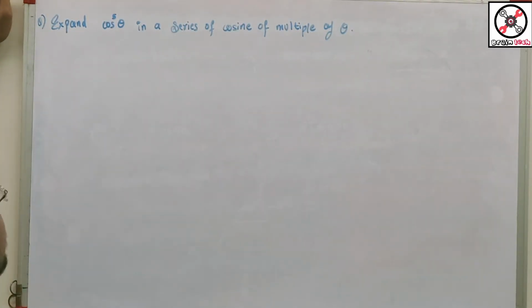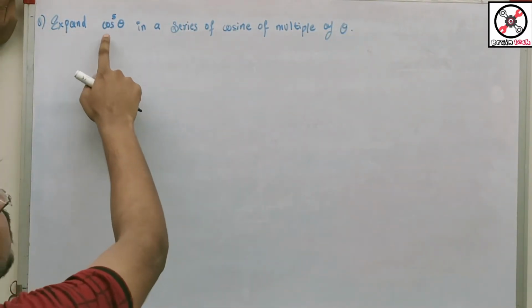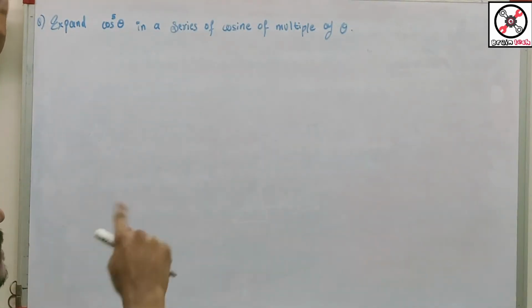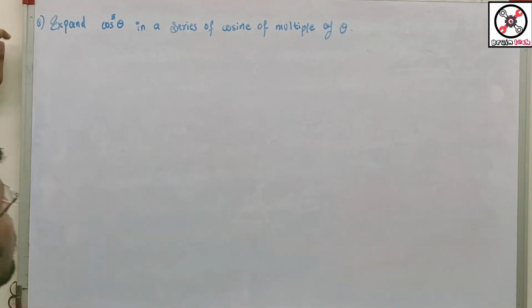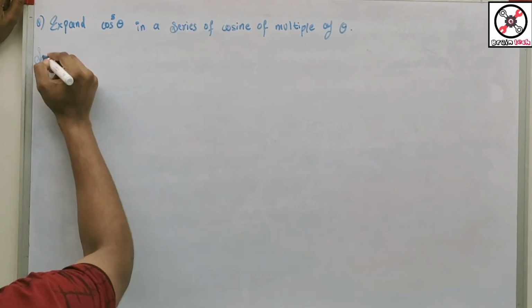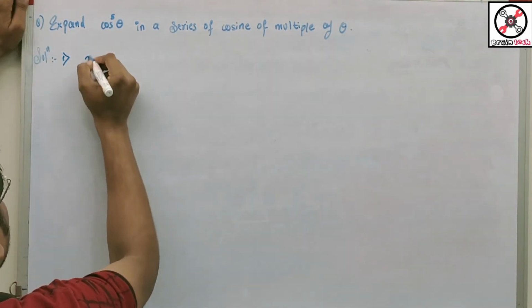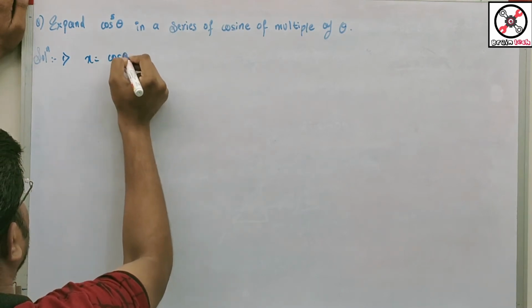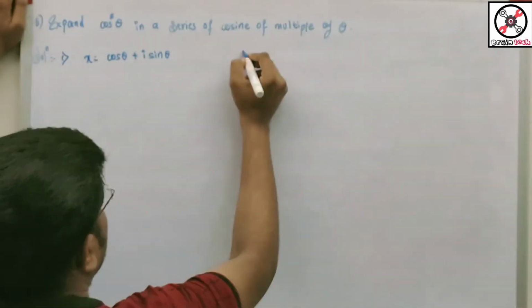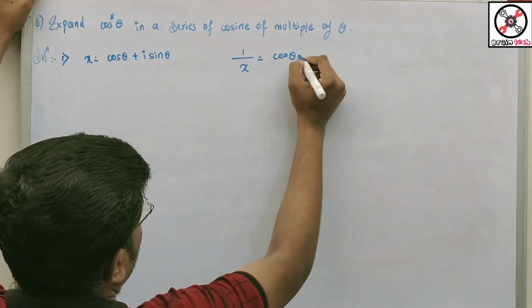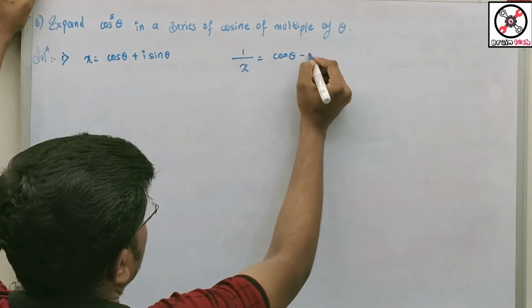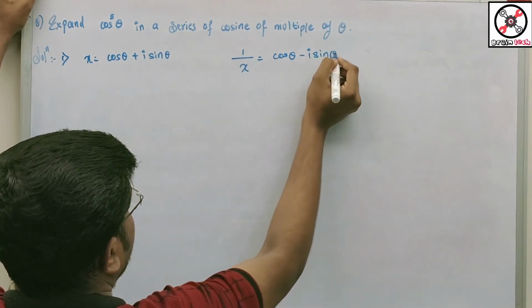The question says, expand cos raised to 5 theta in a series of cosines of multiples of theta. So, the solution for this sum: your first step is x equals cos theta plus i sin theta. Therefore, 1 by x will be cos theta minus i sin theta.